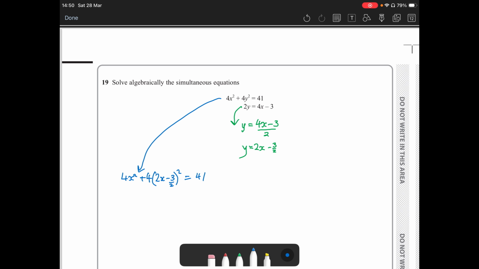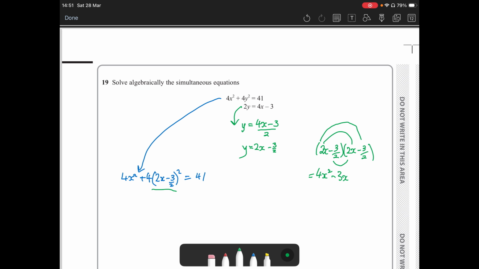Now we need to square that bit there, so let's work out what y squared actually is. You would need a double bracket here. 2x times 2x is 4x squared. 2 times minus 3 halves, the 2 and the half cancel each other out, so it's minus 3x.